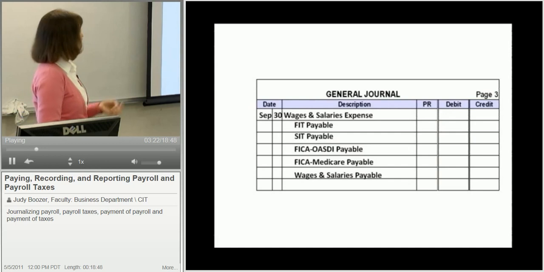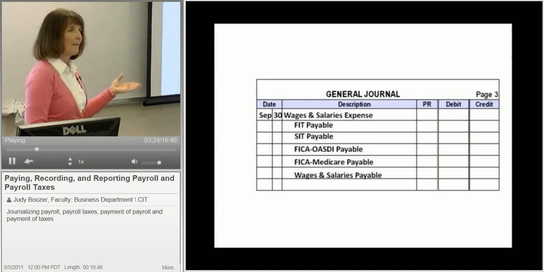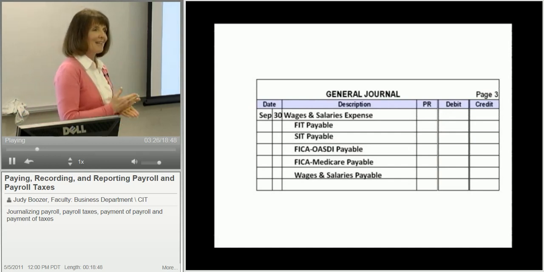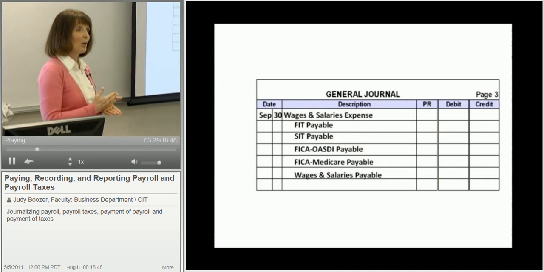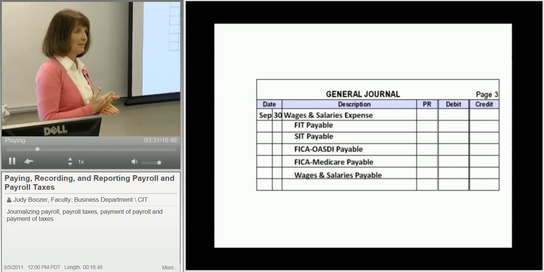what does that entail for the credits? Which taxes are deducted from an employee's paycheck? Which taxes? Federal, state if you have a state tax, FICA, OASDI, FICA Medicare, what else?